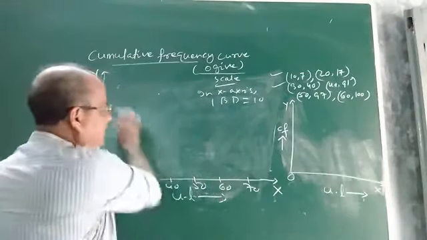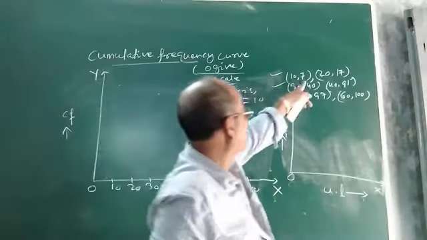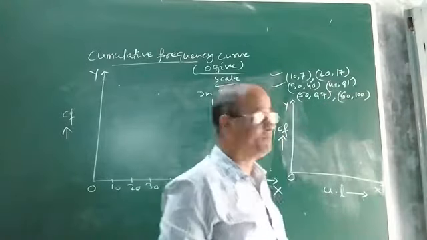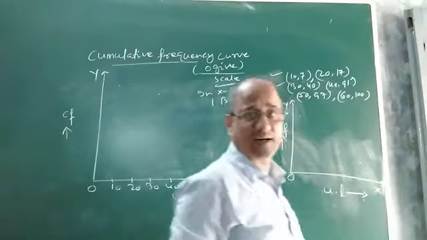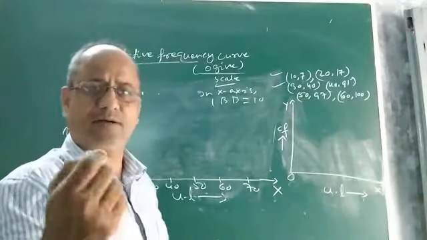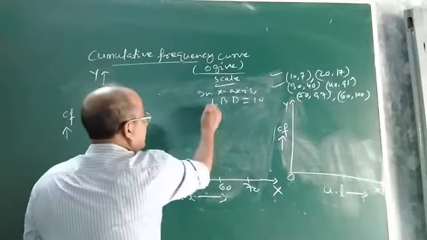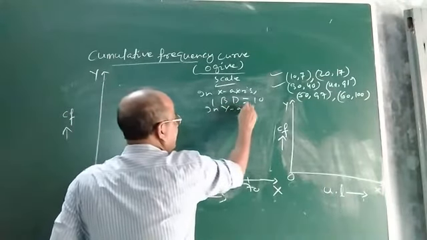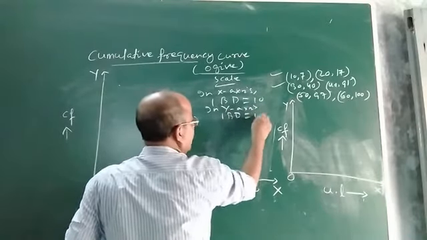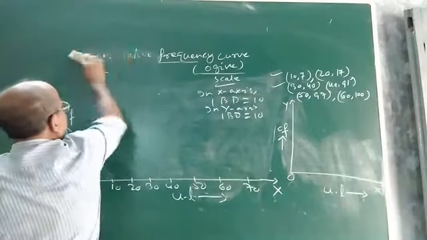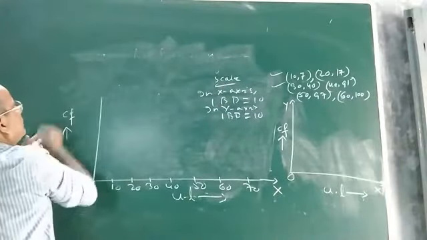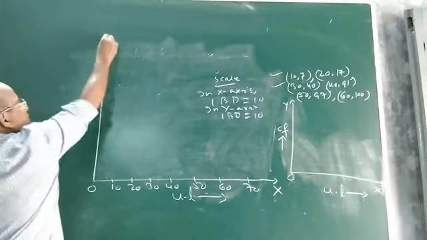Now let us choose the scale along the y-axis. Look at what the minimum is, 7, and what the maximum is. The maximum cumulative frequency is 100. So you can again take one big division on the y-axis equal to 10. Suppose this is your y-axis.